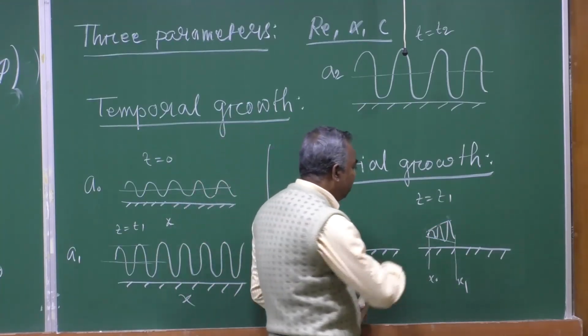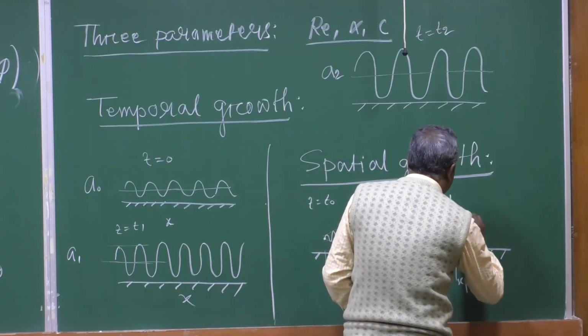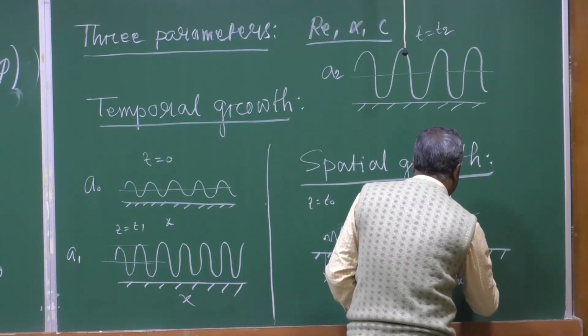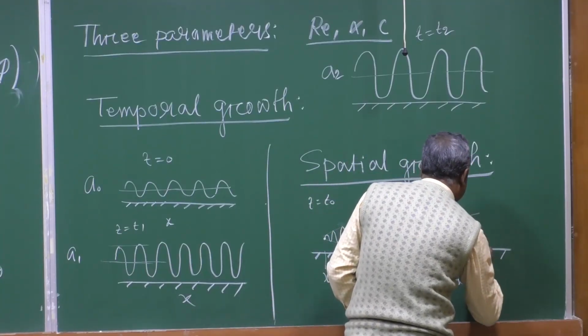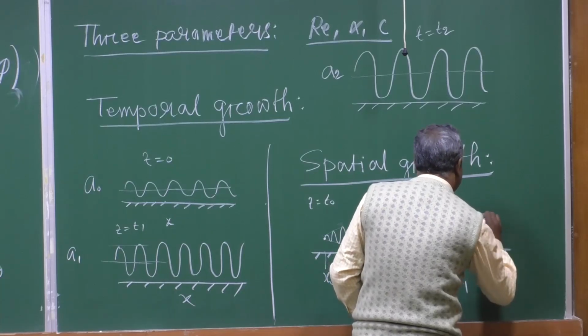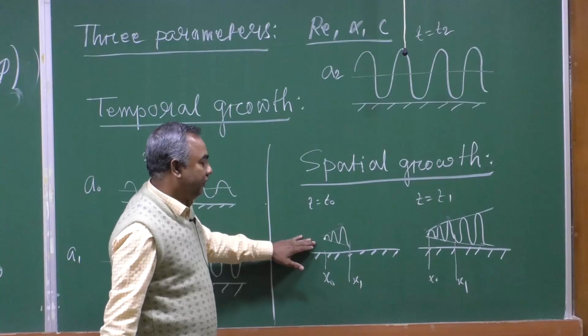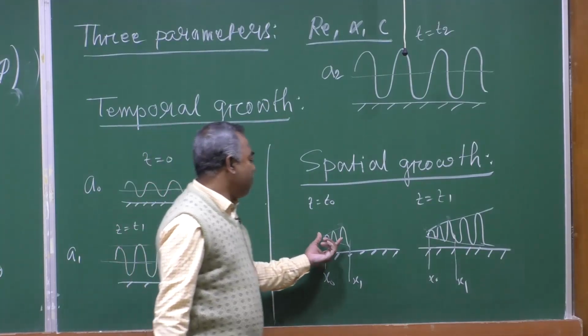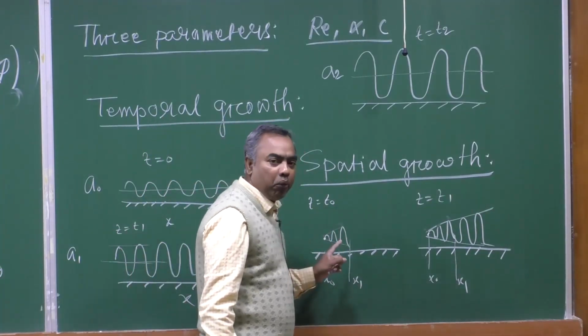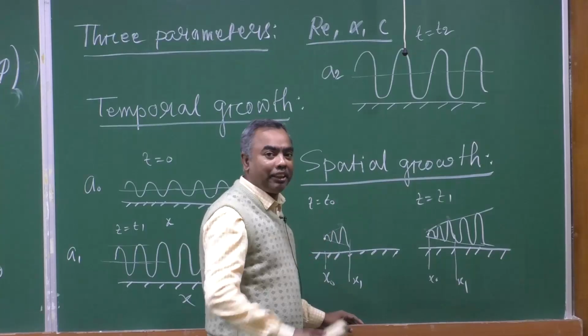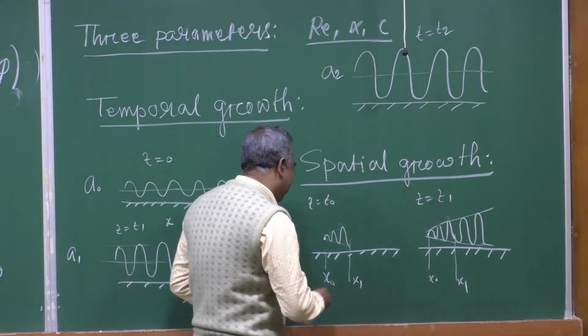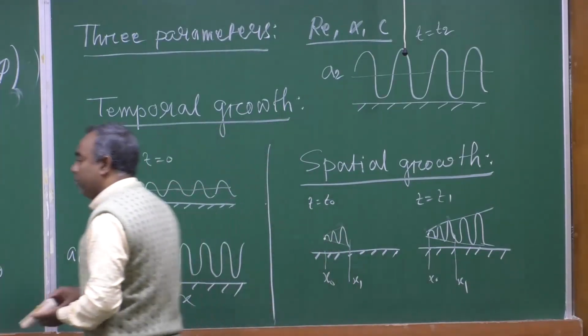But if you go downstream, then you will see this is increasing. So you see, at any distance the amplitude at a particular location is not growing with respect to time. Let me take a color chalk.